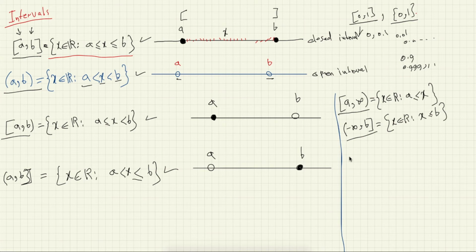We have the other case, which is (a, infinity) and (minus infinity, b). Same cases, but without equal. Or we're going to call here x greater than a, and all the real numbers where x is less than b.